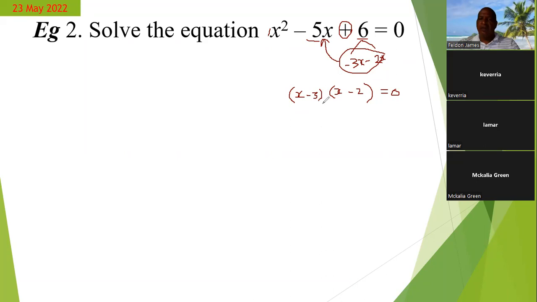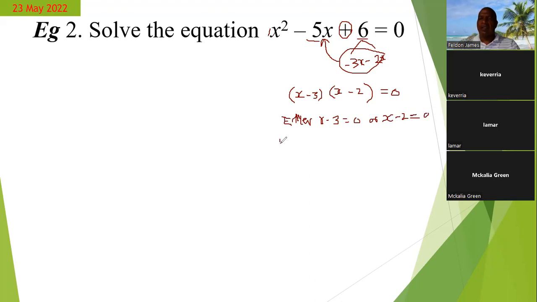All right. So if you find the two factors to be this, we can either say x - 3 equal to 0 or x - 2 equal to 0. So that's our statement.